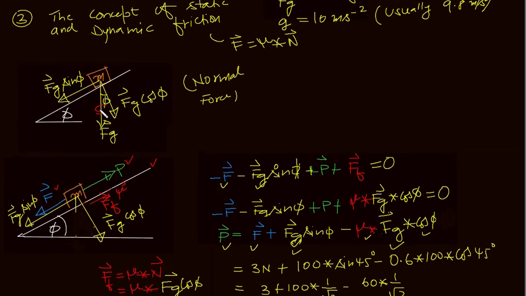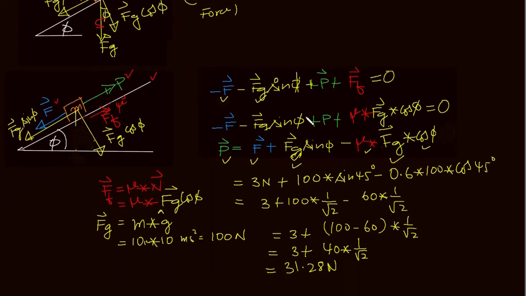Next we broke Fg into components: perpendicular to the plane, Fg cos phi, and parallel to the plane, and then we wrote this equation. So this is your independence of forces, because they're all in one dimension.